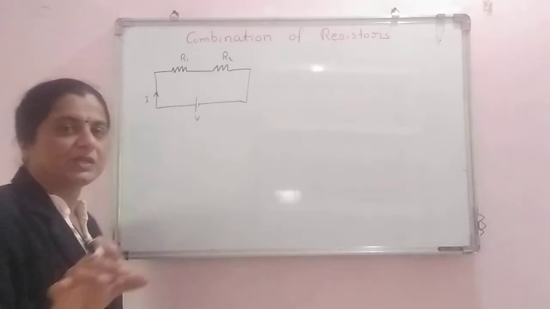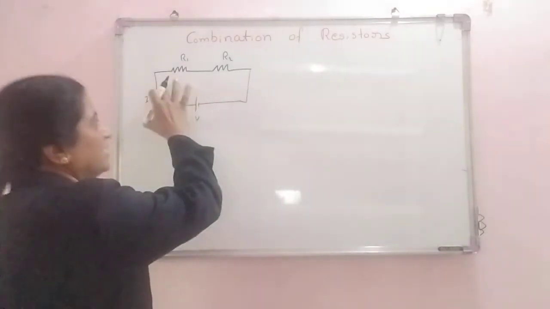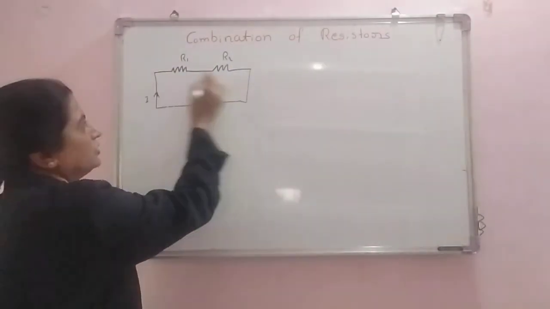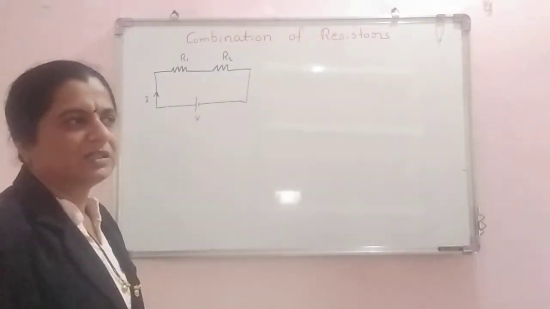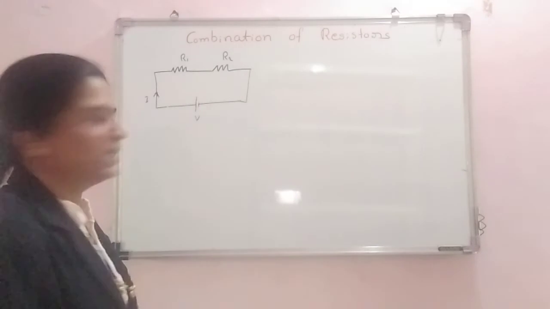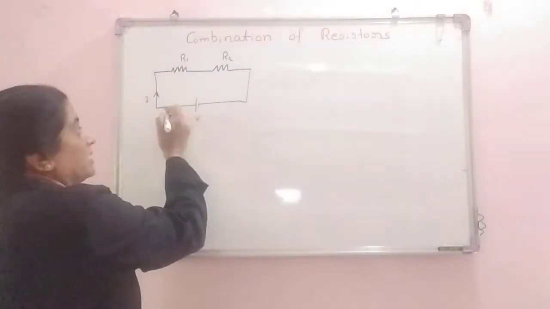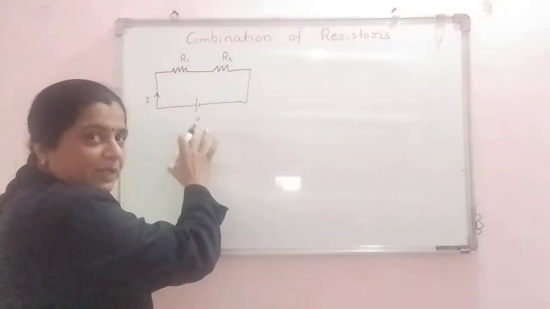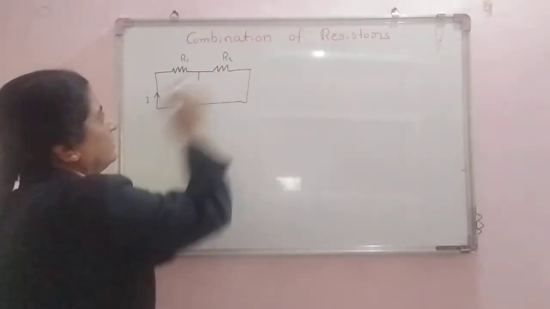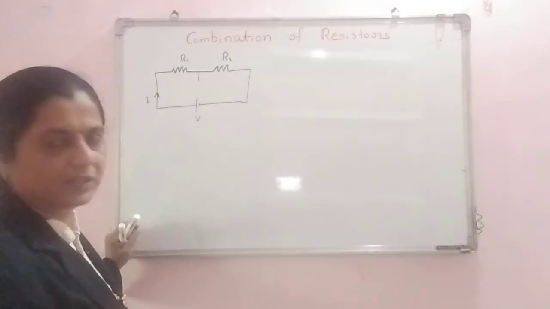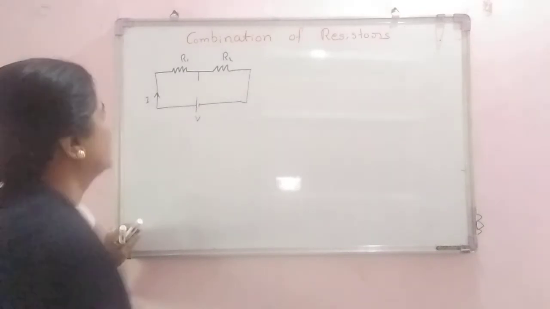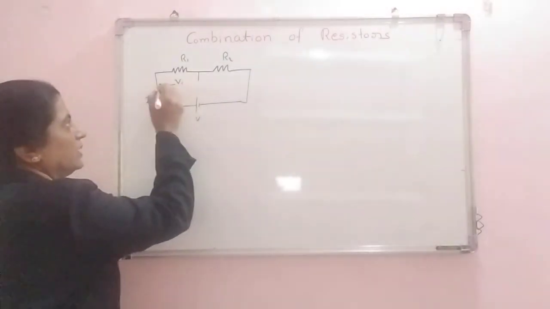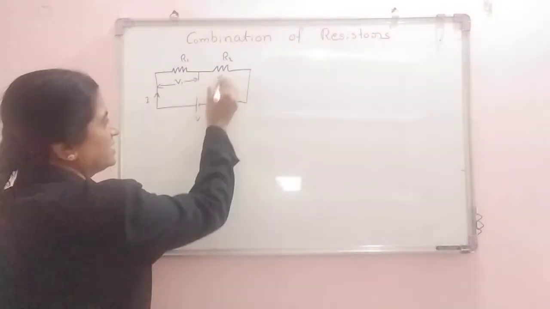The same current flows through each resistor, but the applied potential is divided across each resistor. The voltage across resistor R1 is V1, and the voltage across resistor R2 is V2.